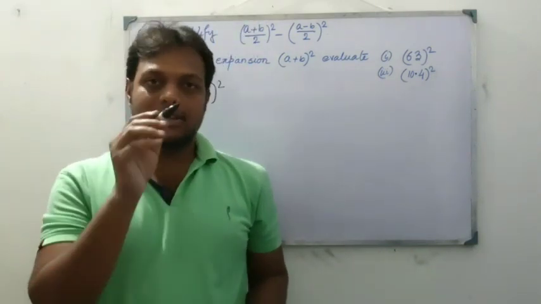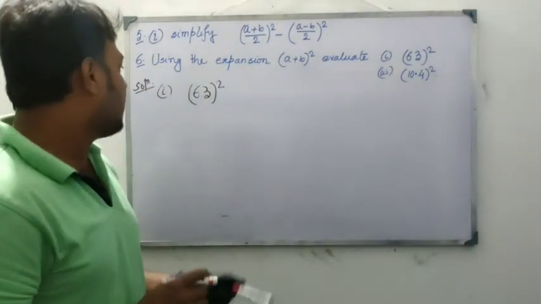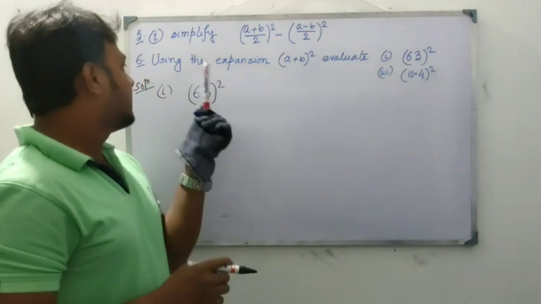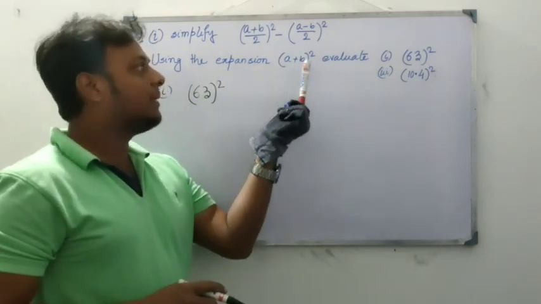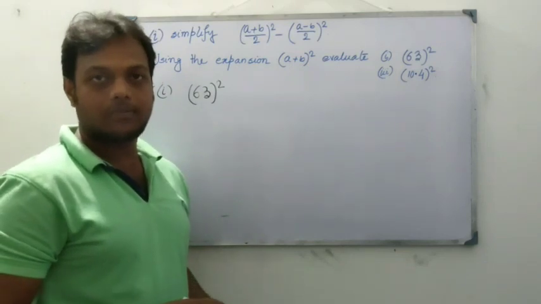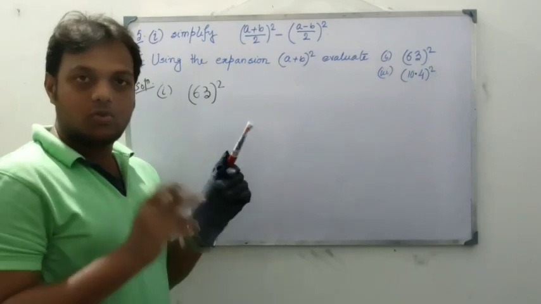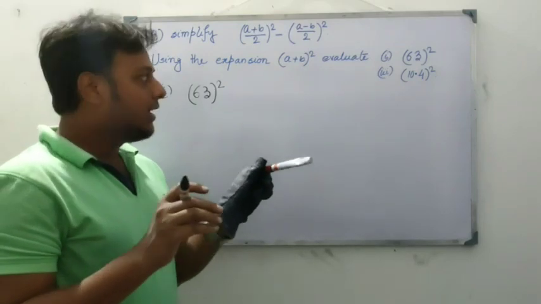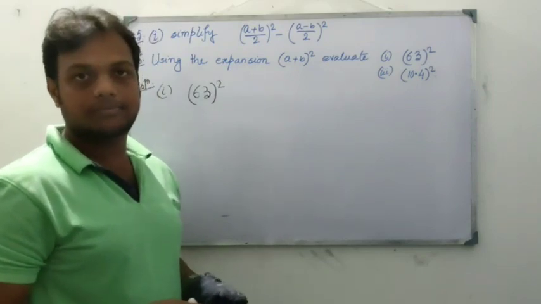To compute 63 whole square, you can use the usual method. 63 whole square means 63 into 63. But we will not use that process here. Why? Since according to the question, you have to use the expansion (a plus b) whole square. So we will break this number 63 into 2 parts, so that verbally we can compute the square.